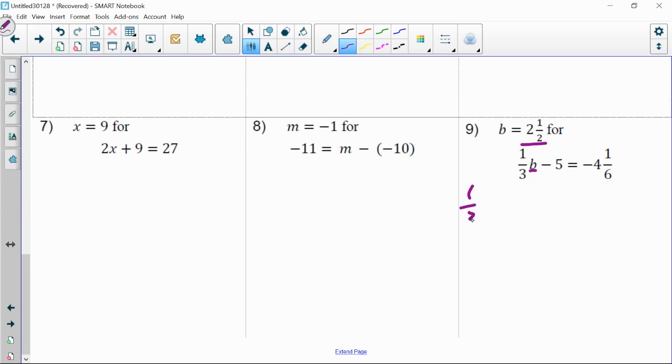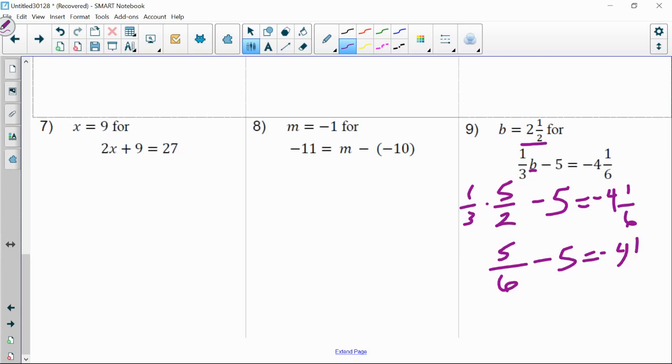So 1/3 times, I'm going to put this as an improper fraction because I know that's eventually what I'm going to need to do. So we have 5/2 minus 5. And we want to know, is this going to be equal to -4 and 1/6? Well, if I multiply across, I get 5/6 minus 5. Is that going to be equal to -4 and 1/6?